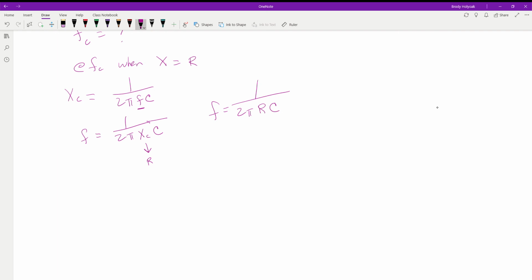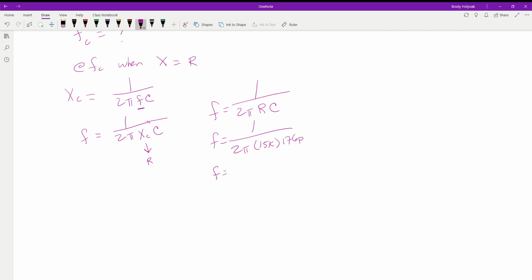So let's plug those values in. The frequency is equal to 1 over 2 pi. Our resistor was 15 kiloohms, and our capacitor was 176 picofarads.